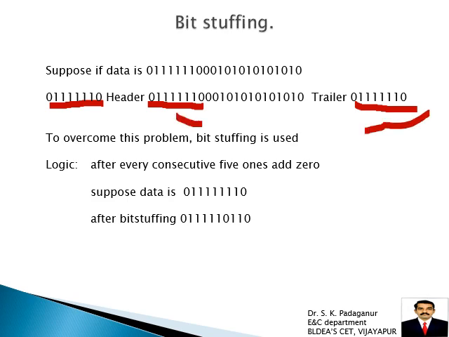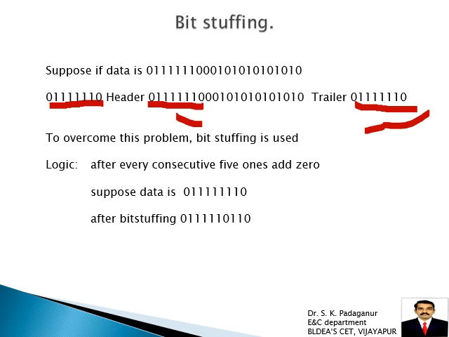So in order to overcome this problem, which only happens when the data bit stream is like 0 1 1 1 1 1 1 0, bit stuffing is used. Stuffing is nothing but to insert.